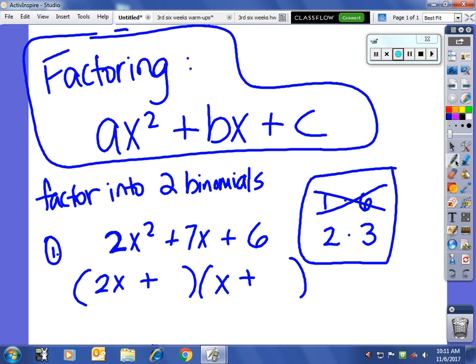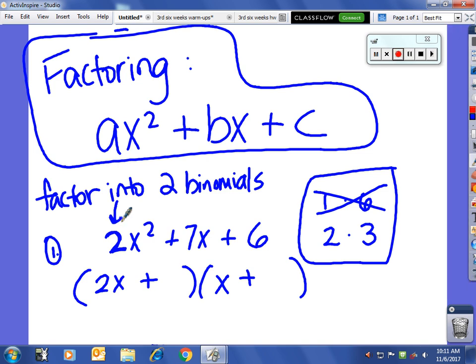Now sometimes you can kind of be thinking ahead. I know because of this 2 right here that one of my factors will be doubled. Okay, so do I want to double the 3? No, because that would give me a 2 and a 6. What if I doubled the 2? That would give me a 4 and a 3, which does add up to 7.